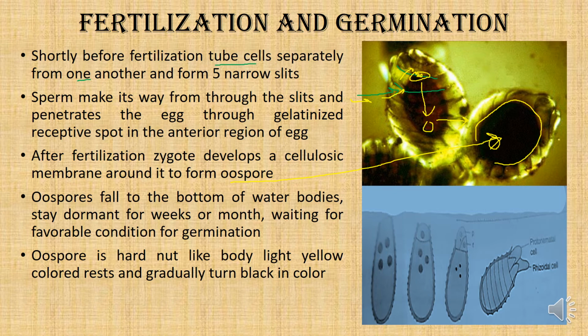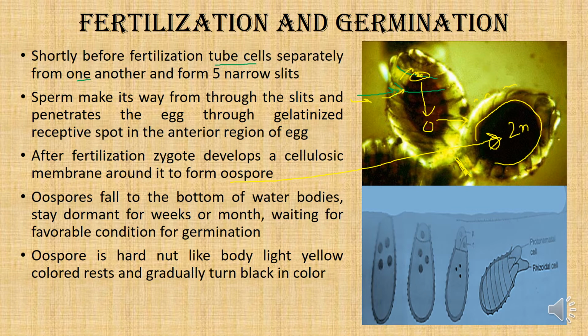So after fertilization, when the membrane is laid around the egg cell, the zygote, then this cellulose containing membranous structure, which is diploid, is the oospore. And apart from that, the oospore also has an investment of these tube cells, and on the outer surface of these tube cells, calcium also gets deposited.